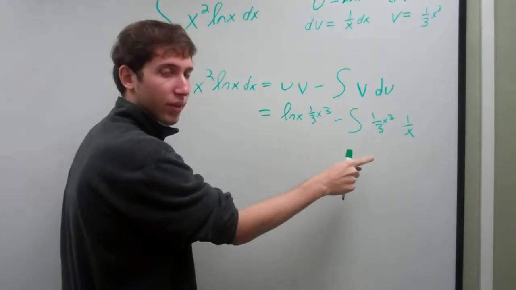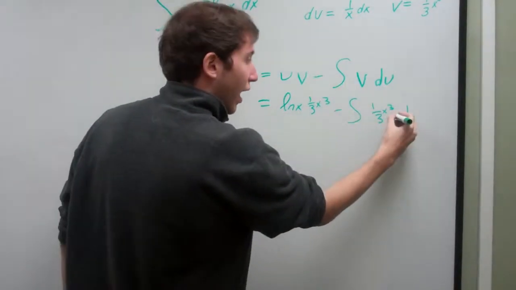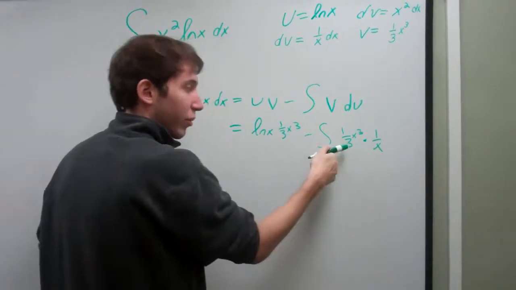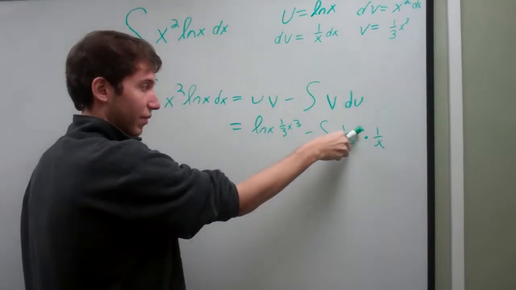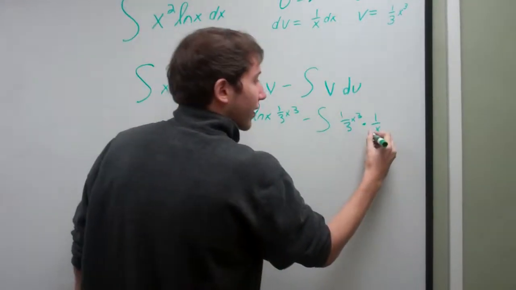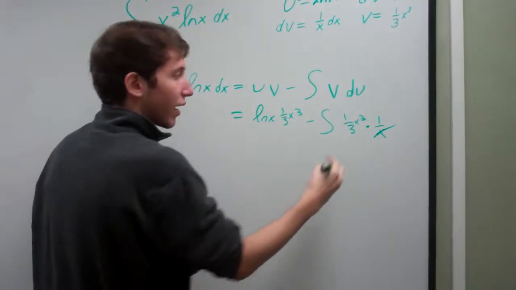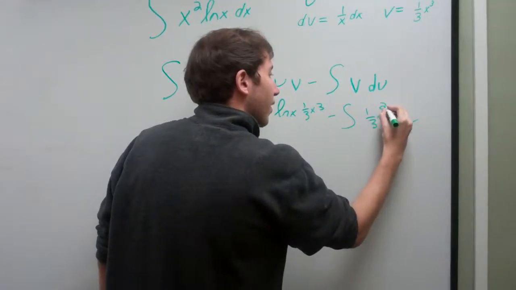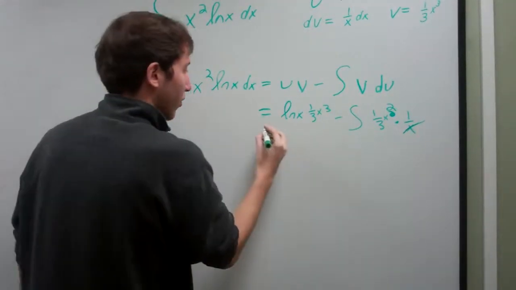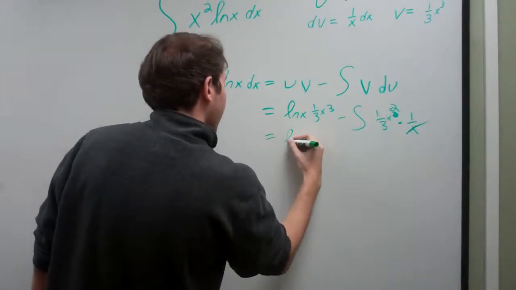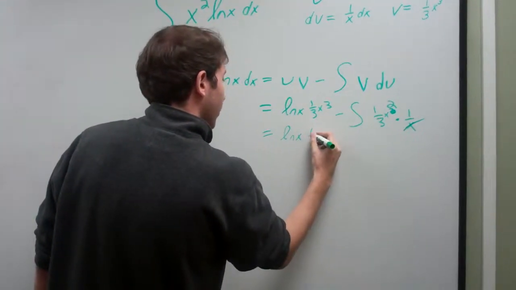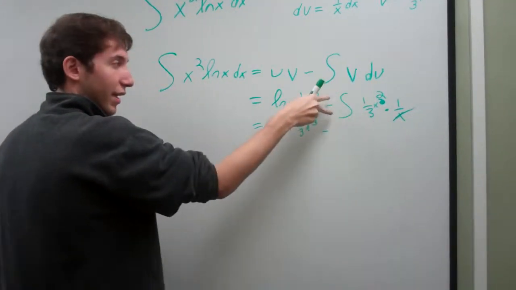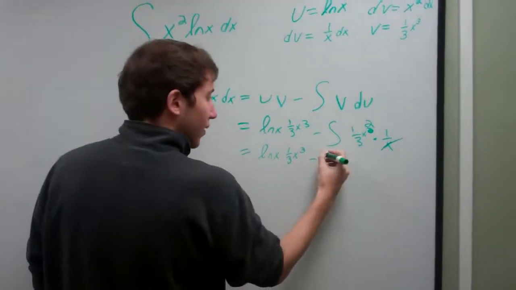We have 1 over 3 x cubed times 1 over x. So this 1 over x, when we multiply it by the 1 over 3 times x to the third, we're going to cancel this x out and leave this x cubed is now going to be x squared. So to rewrite this, ln of x times 1 over 3 x to the third minus, we can take out the coefficient.